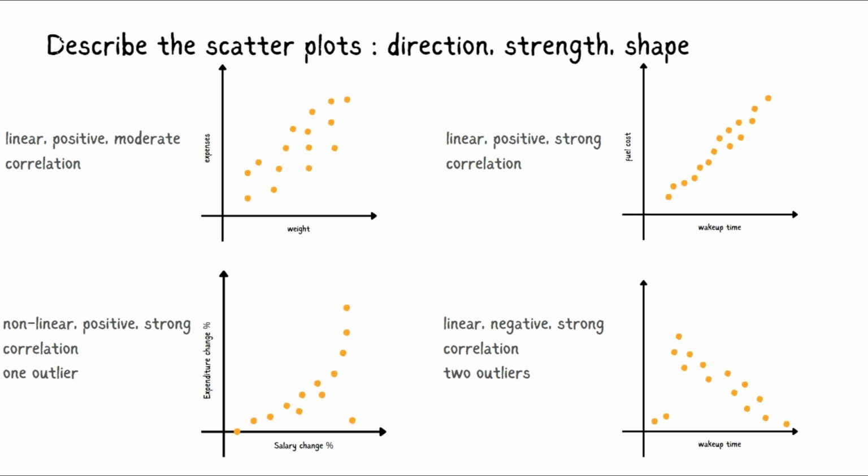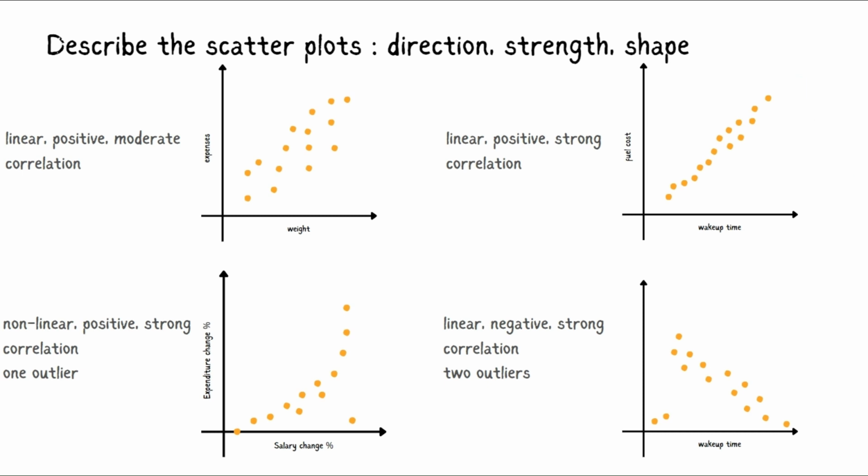It is a positive correlation because the direction of the point cloud is increasing, and it is also moderate. In the upper right corner, the correlation is also linear because it follows a straight line. It is positive because it is increasing, but it's much stronger than in the previous plot because the dispersion of the point cloud is very close to the imaginary line that we draw through the point cloud.